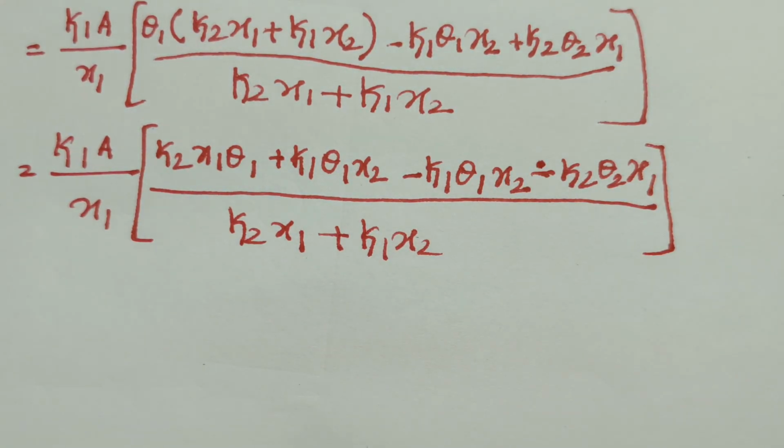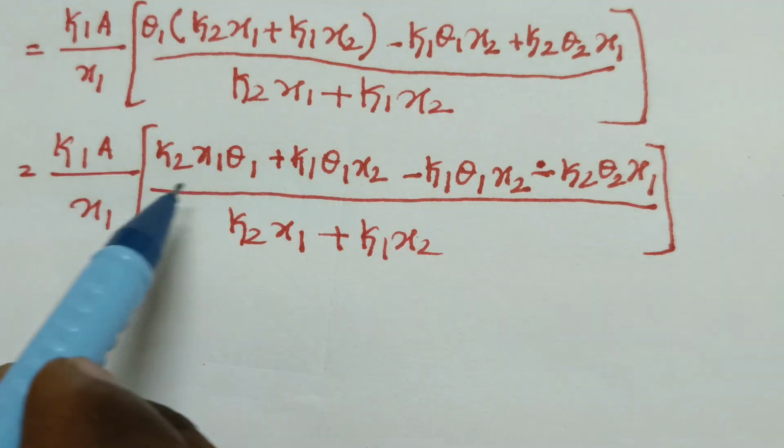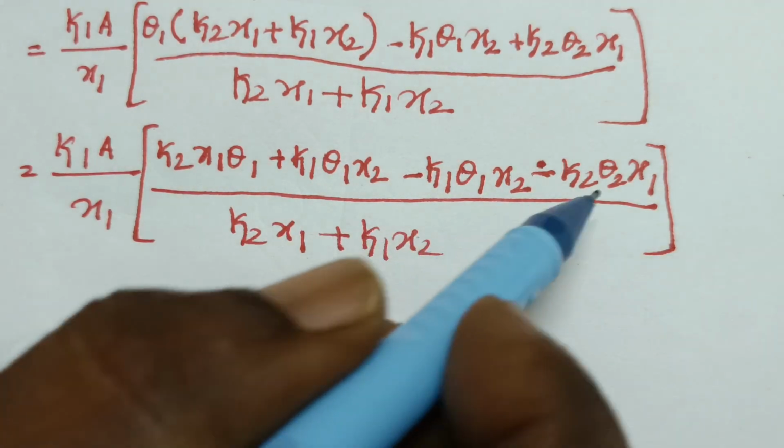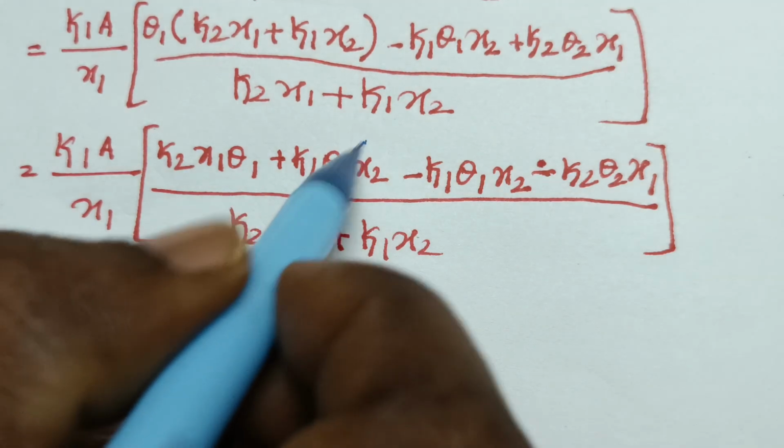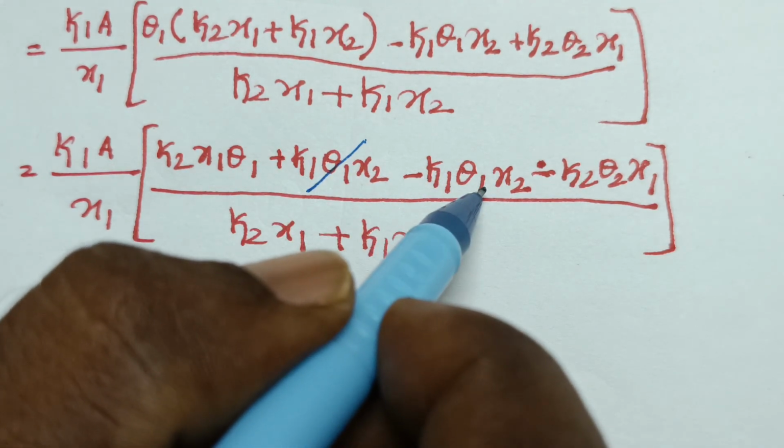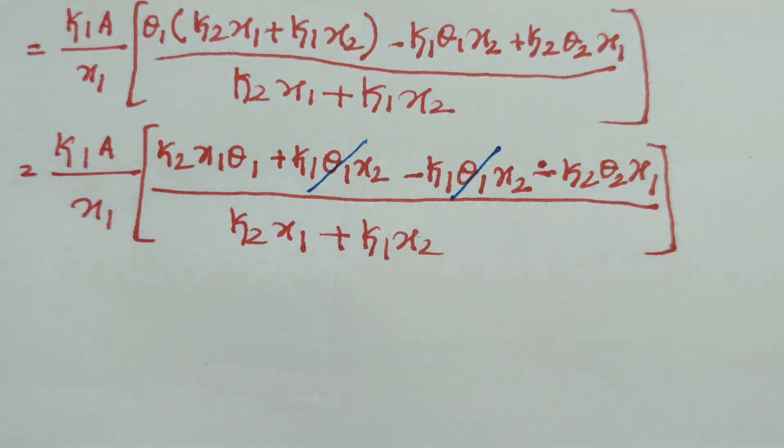Then you can simplify, that is K2 x1 theta 1, K1 theta 1 x2 minus K1 theta 1 x2 cancel.